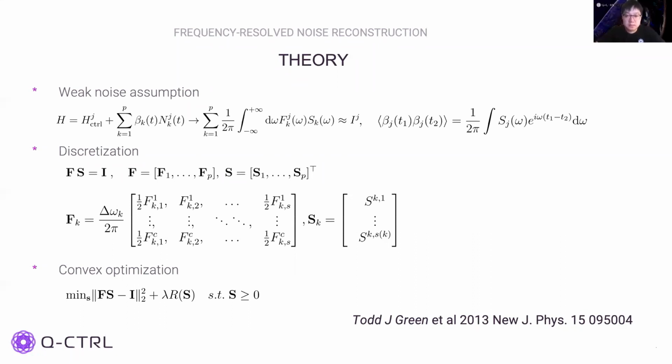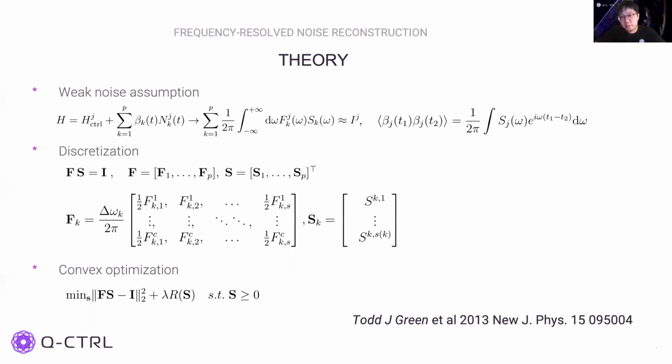Similarly, Sk is a vector representing the noise spectrum of channel k that is to be reconstructed. Matrix F is often a rectangular matrix, meaning we can't directly solve the equation by inverting F.